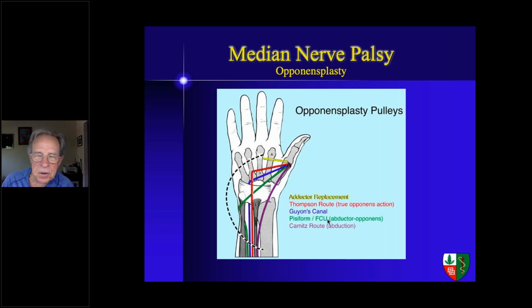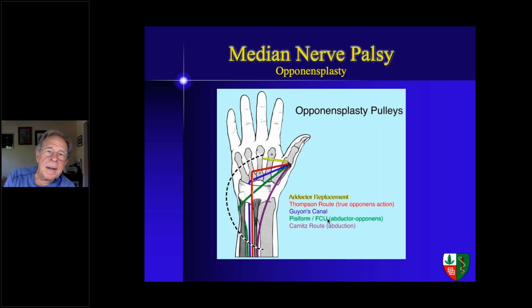And that satisfies one of the surgical or treatment axioms, and that is if there are lots of operations for the same problem, either they all work or none of them work. And in this case, all of them work.